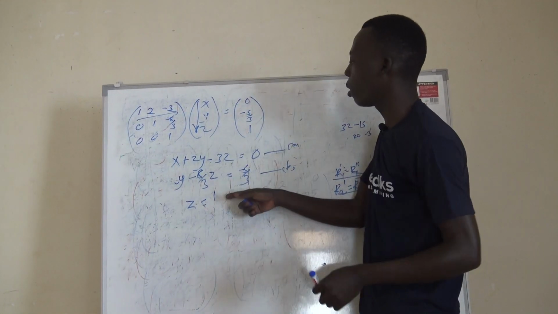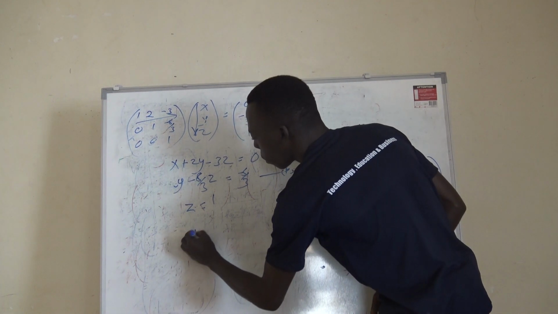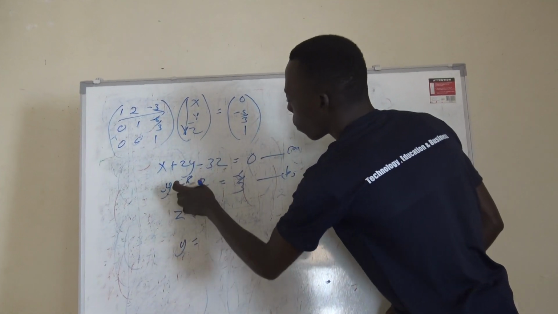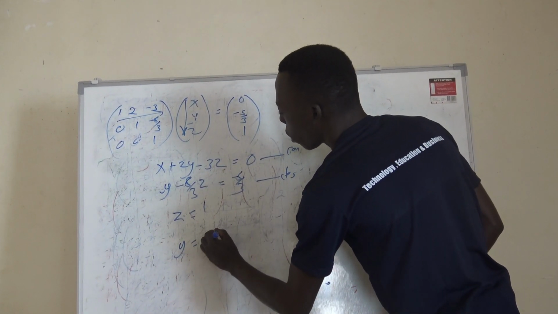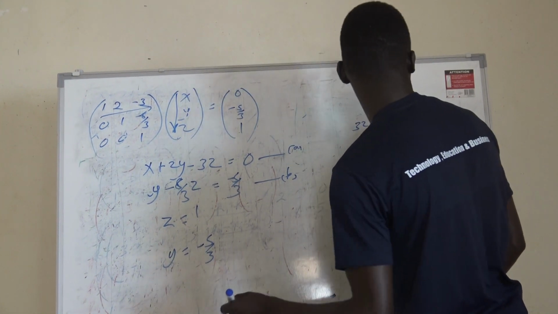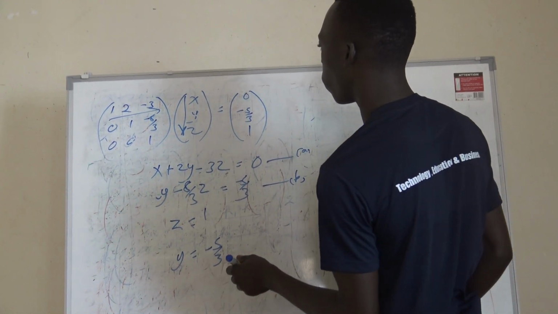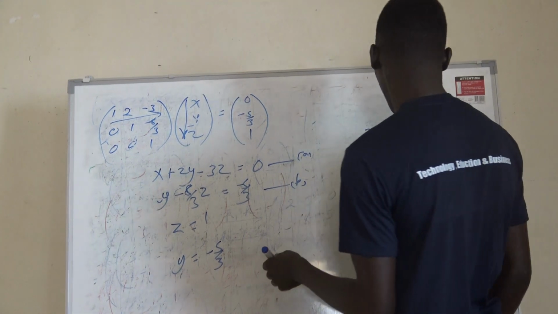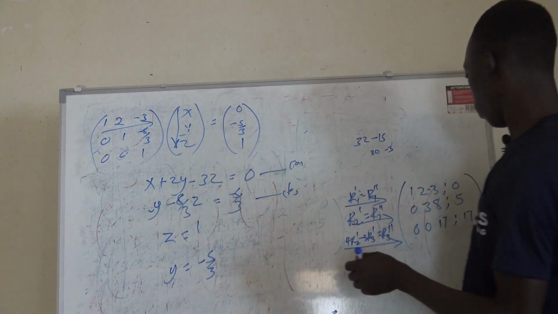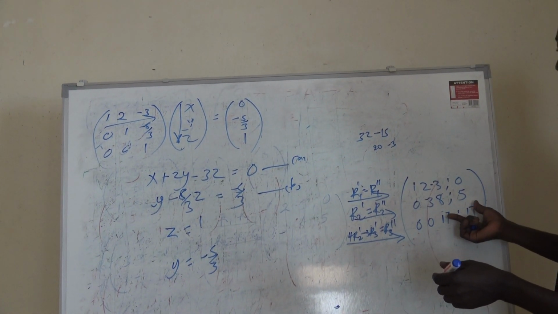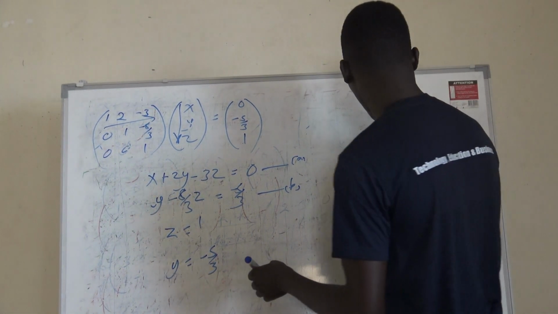So we are substituting in B. So we say y equals, you can take this one, this side, which is negative 5 out of 3, negative 5 out of 3.